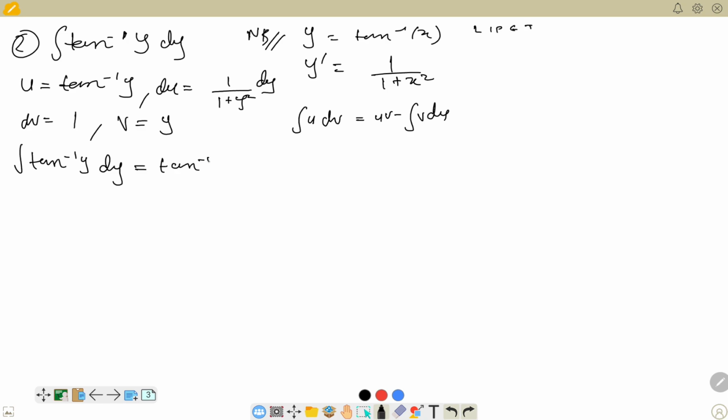It's arctan y. Then what is v? It's y. I'm putting brackets so that I do not get things mixed up. And then what is du? We can just write 1 over 1 plus y squared dy, so that it looks like that.